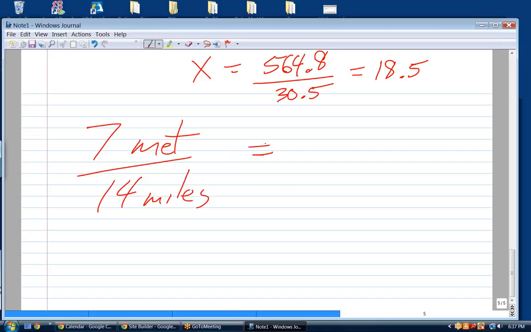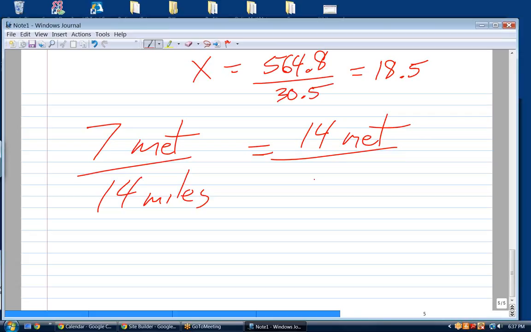And then the map is 14 meters equals blank miles. This one's easy. Okay, what is the answer? One second, let me write it down.